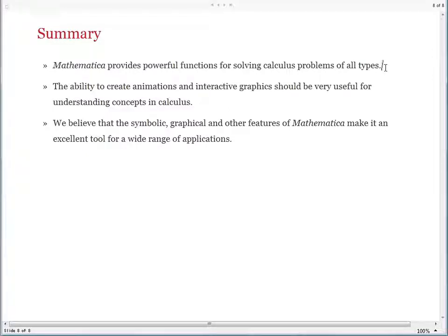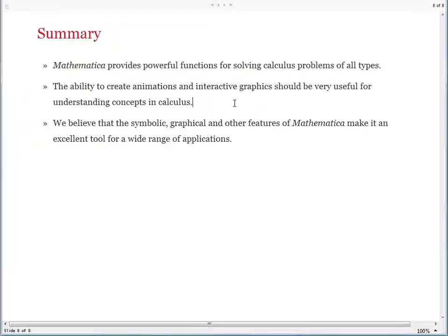You really have a battery of tools which are available to solve calculus problems at almost any level, starting from the most basic to the most advanced. And the fact that one can create these animations and dynamic interactivity in Mathematica so easily should make it really useful for understanding concepts in calculus in a much deeper way.